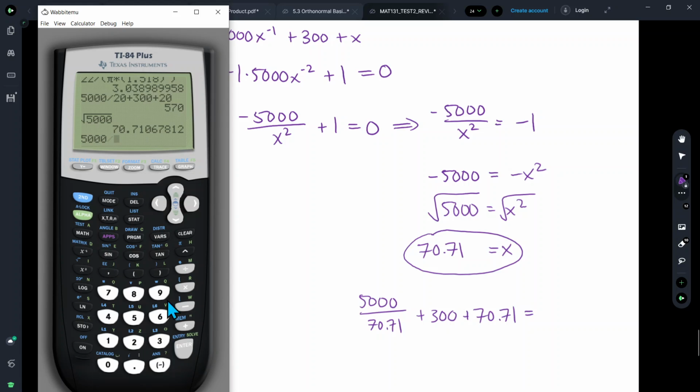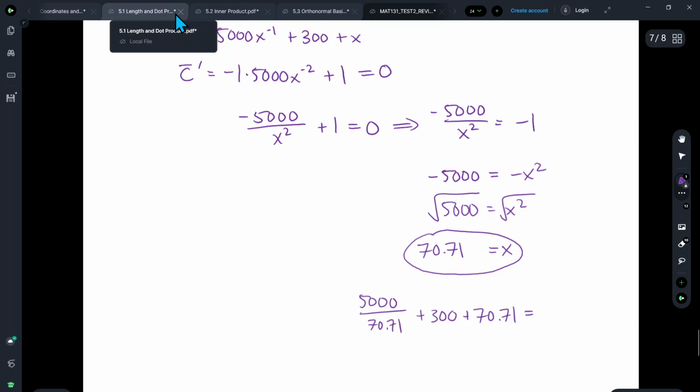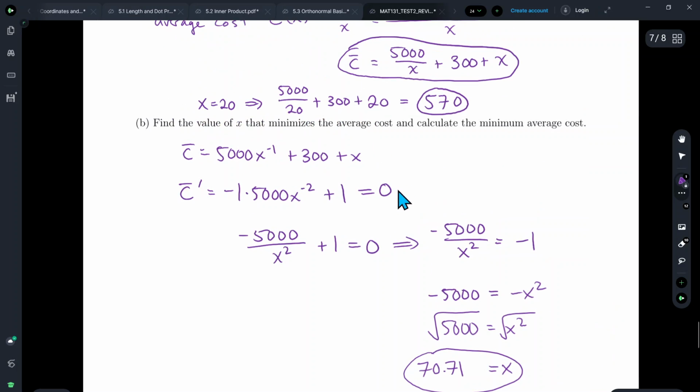So 5,000 divided by 70.71 plus 300 plus 70.71. Okay, so you got 441.42. So that's the minimum average cost.